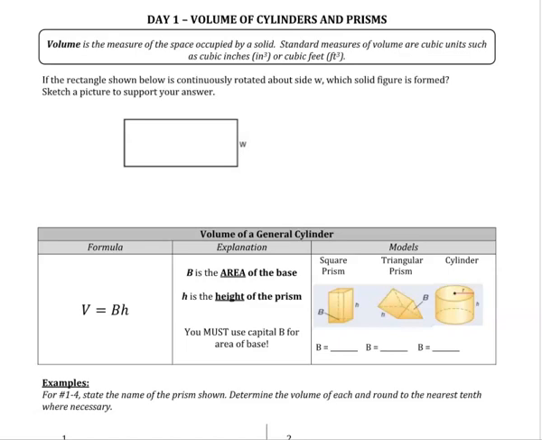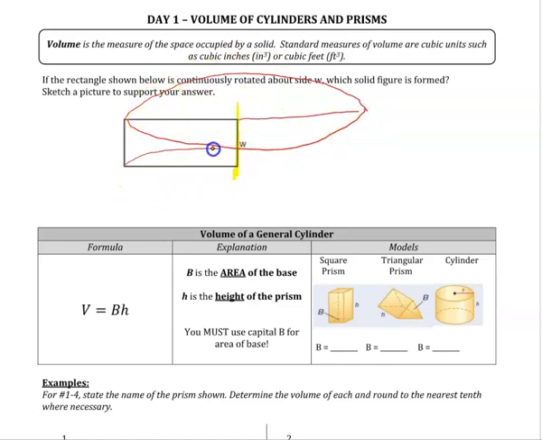Now, any three-dimensional figure can be created by taking a two-dimensional figure and rotating it around a specific axis or line. In this case, what about side W with a rectangle? Well, if you take the side and continuously rotate it around that axis, you've got to envision that this would go into the page, come out of the page, and create a circular base.